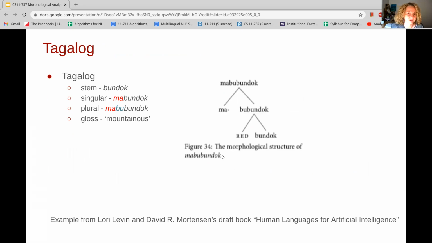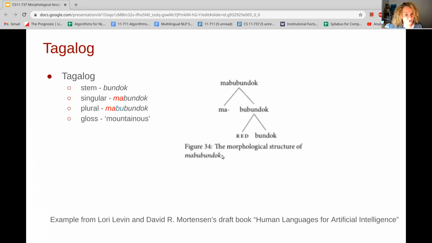Tagalog language is spoken in the Philippines. It illustrates a great many formal morphological processes, including prefixation, suffixation, infixation, and reduplication. So here the singular form is formed with prefix ma, and then the plural form is formed with both prefixation and prefixing reduplication, the infix bu.